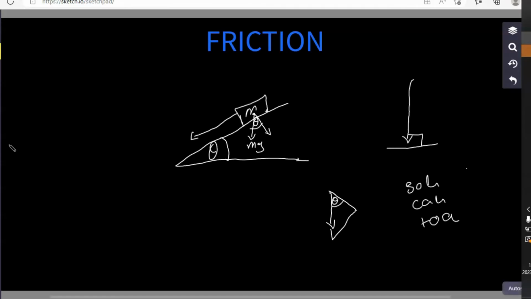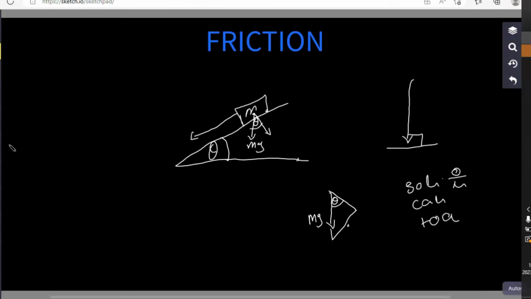Our SOH is sine theta, which allows us to use the opposite over hypotenuse. The opposite will be this one, and the hypotenuse will be this one. The hypotenuse we already have as mg.